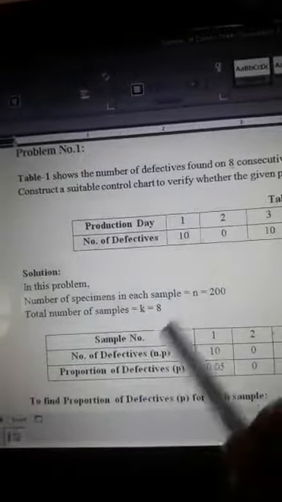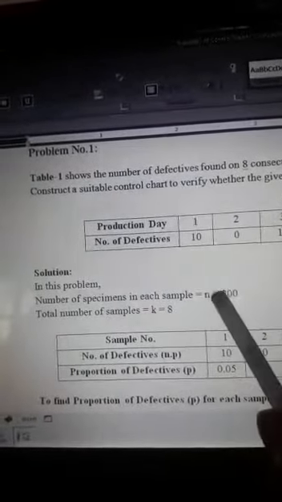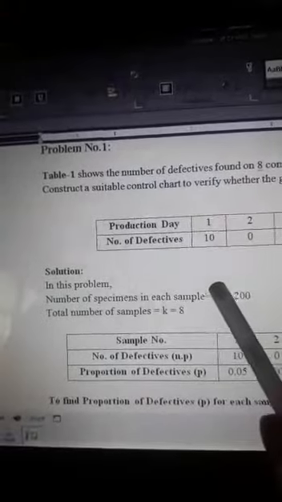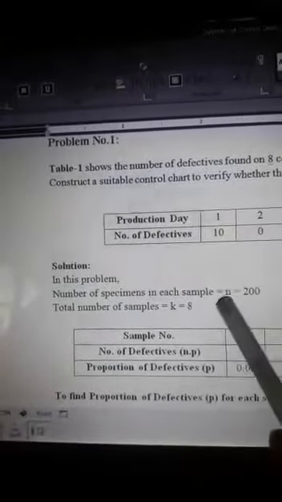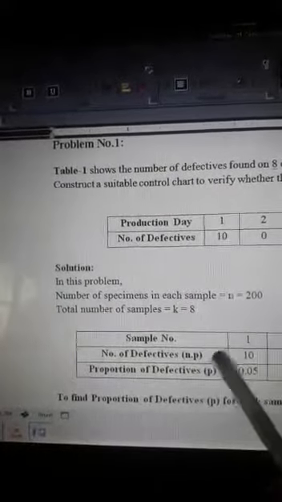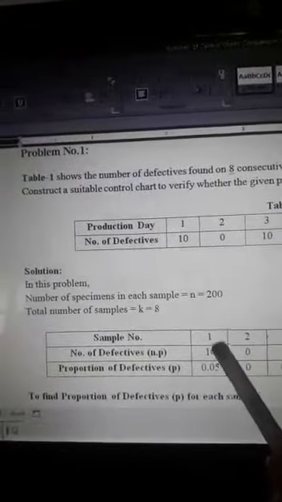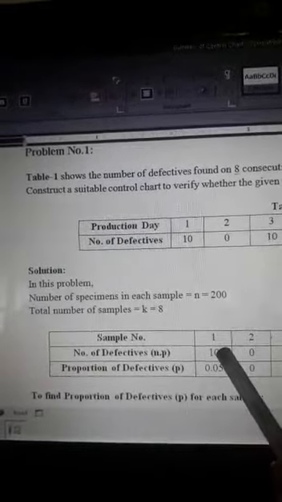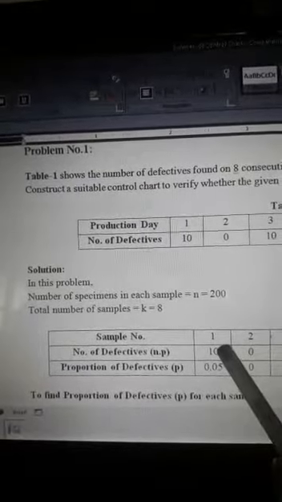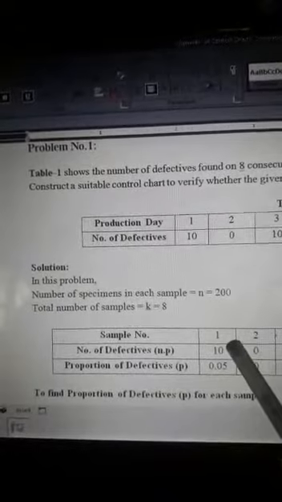If we divide this np by this n for each sample, then we will be able to get the value of p for each sample. For example, for sample 1, the value of np is 10, that is the total number of defective items is 10 out of how many items? Out of 200 items or 200 specimens.